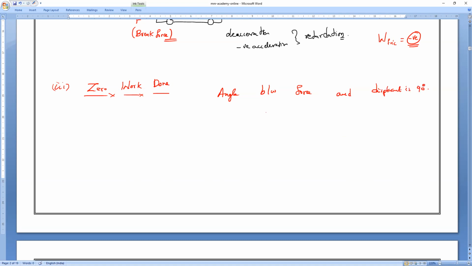Clear? Then work done is equal to how much? 0 joules.